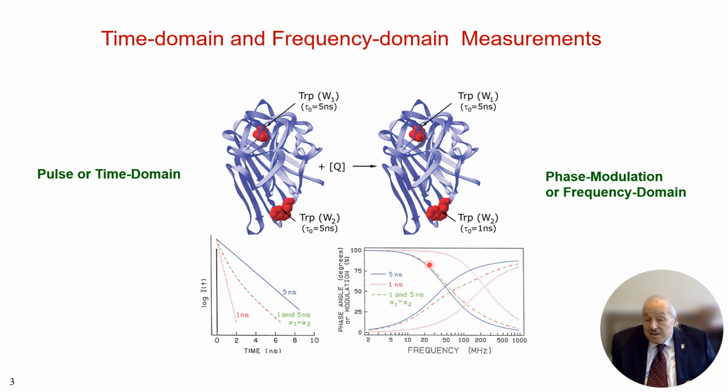A 1 nanosecond decay time would look the same way, except it was shifted to higher frequencies. When you have the mixture, the shape of the frequency response is what changes. And in the frequency domain method, we use the shape of the frequency response to recover the intensity decay law of the sample.